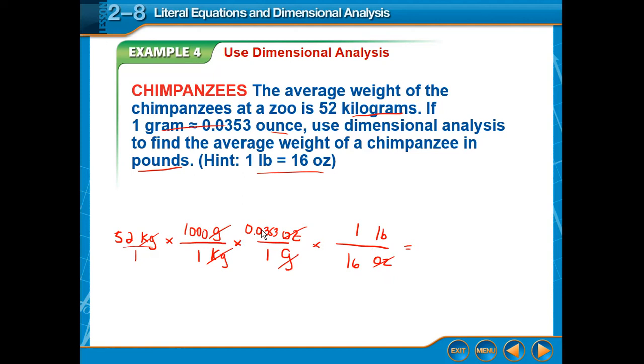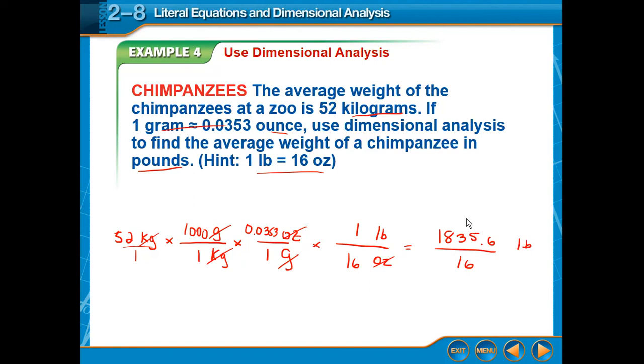When I do that, I get 1835.6. And I still have pounds. And then on the bottom, multiplying 1 times 1 times 1 times 16 is 16.